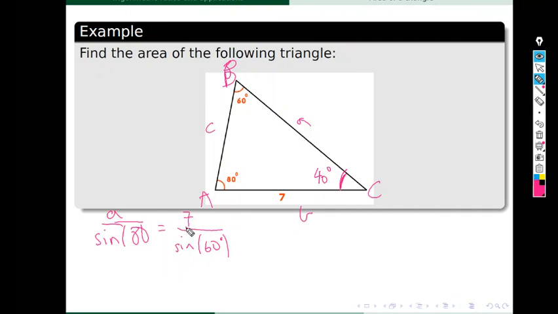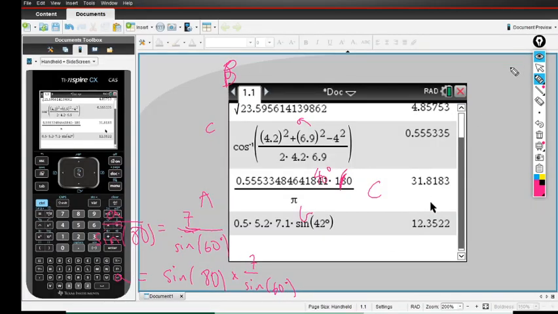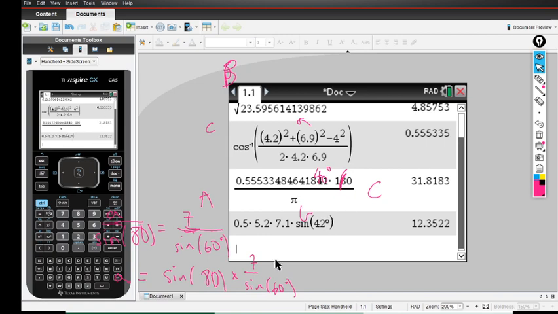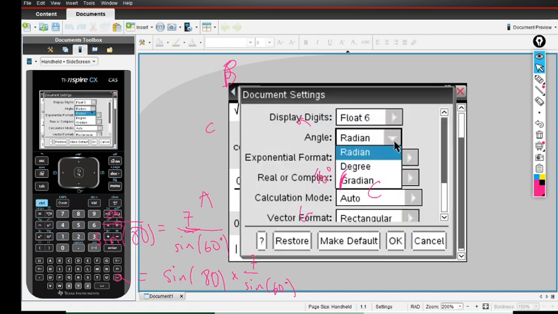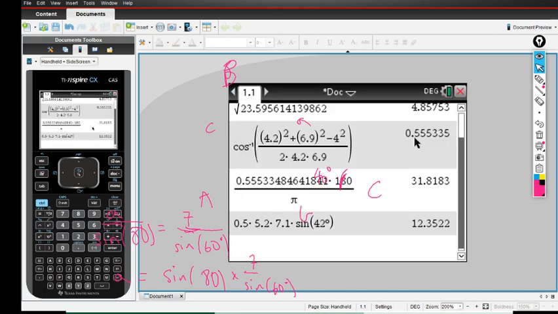Then we can rearrange for a and use our calculator. So it's sine of 80 degrees times 7 over sine of 60. Let's work out what that is. Enough of this messing around in radians, we're going to stick to degrees.